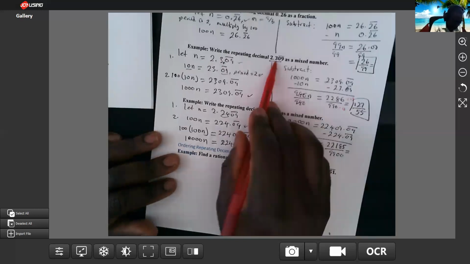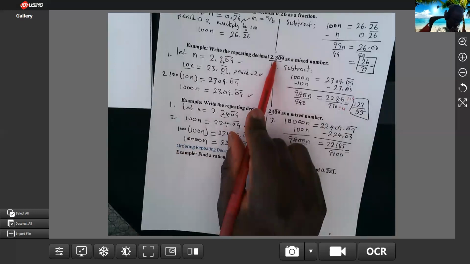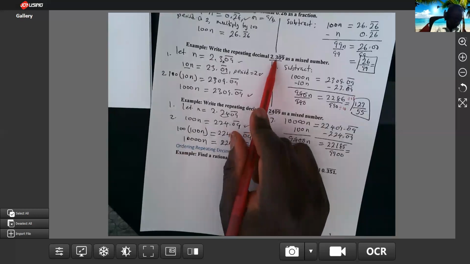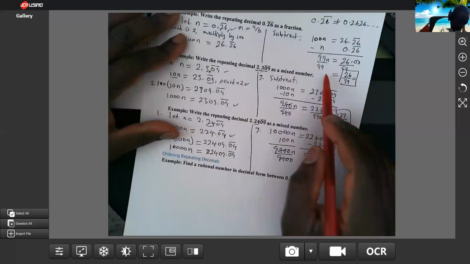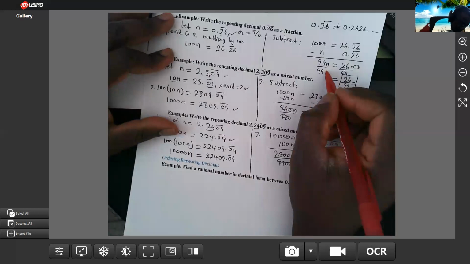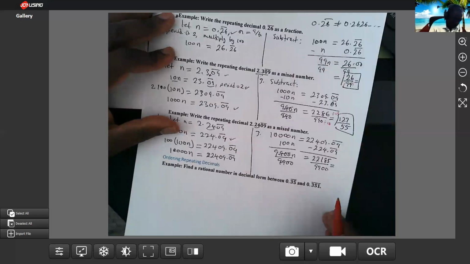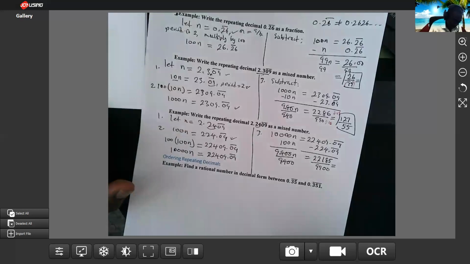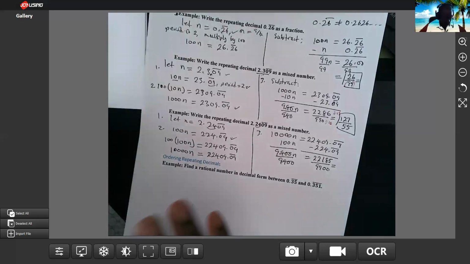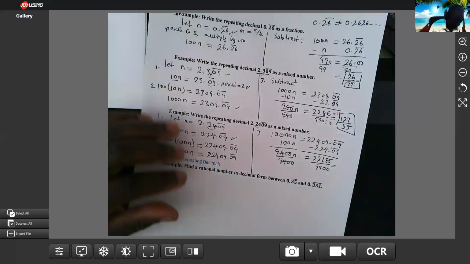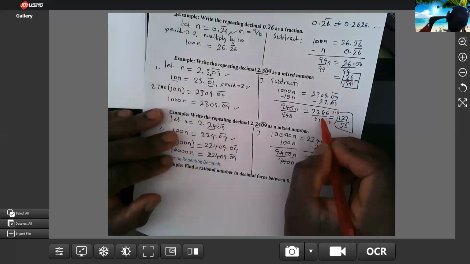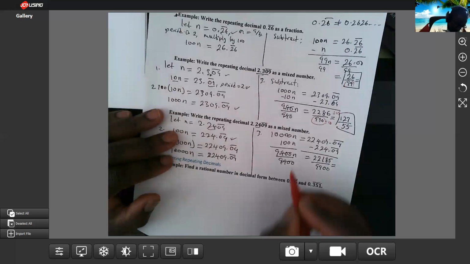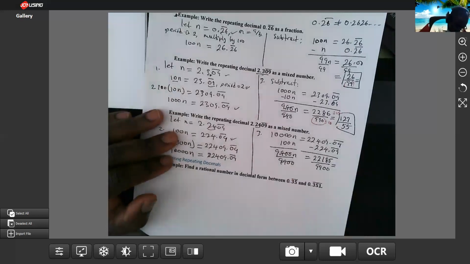Now I want you to note something. Let's go to the first example. See that we divided by 99, when the repeatant comes right after the decimal point. If you have a digit before the repeating decimal, then it becomes 990. Now if you have 2 digits, you get 9900.